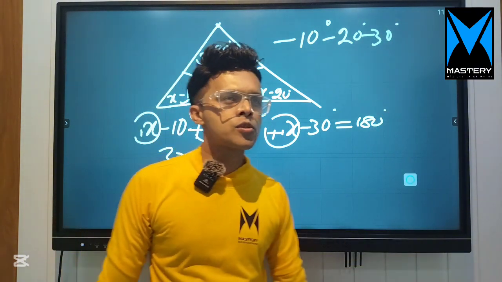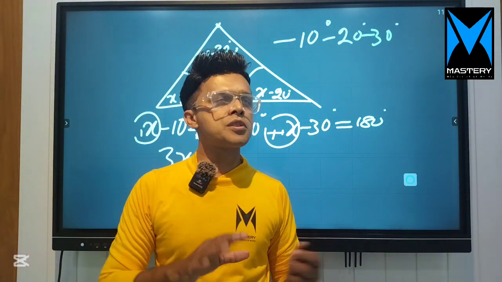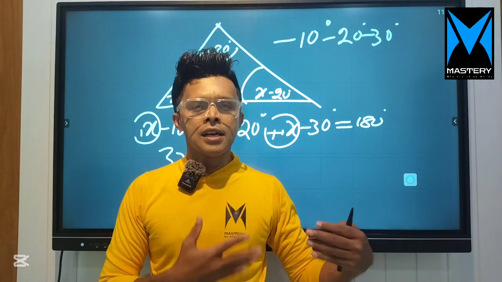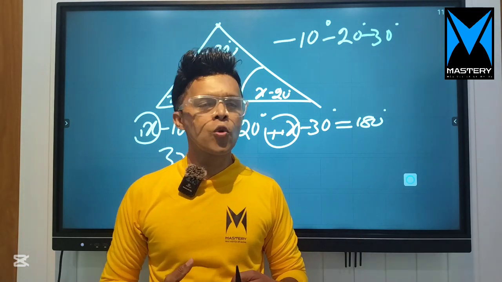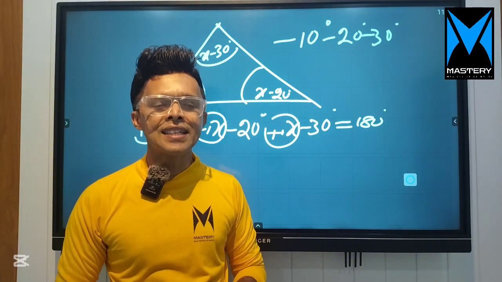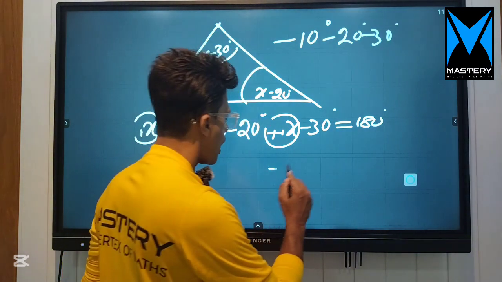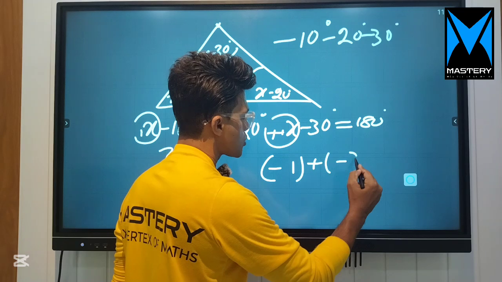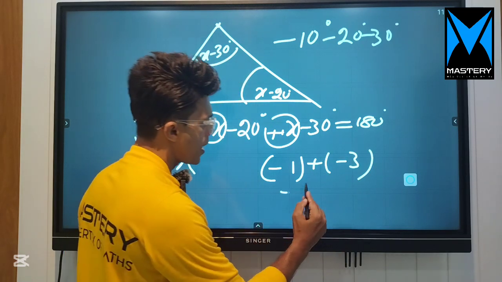When it comes to the lesson earlier this term, in the first term test, you were taught how to add directed numbers. Think of minus 1 plus minus 3, which is minus 4.